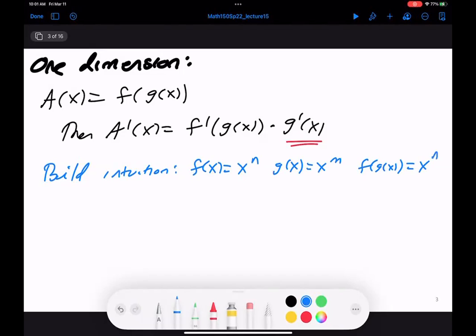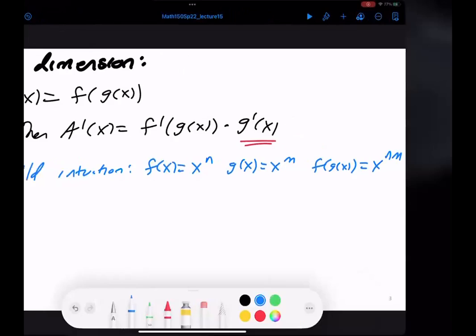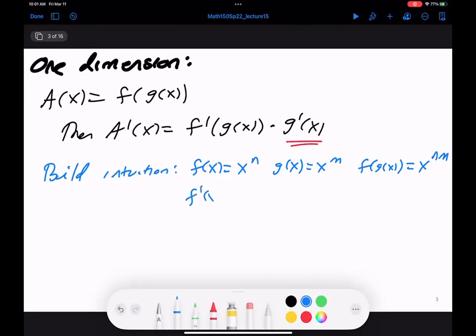X to the n m. And so now we would get f prime of x is n x to the n minus 1. G prime of x is m x to the m minus 1. And this is going to be our a of x. So a prime of x is nm x to the nm minus 1.